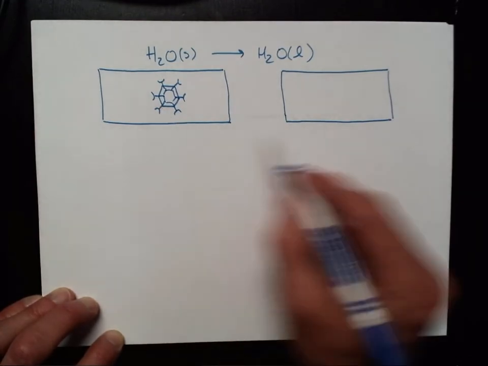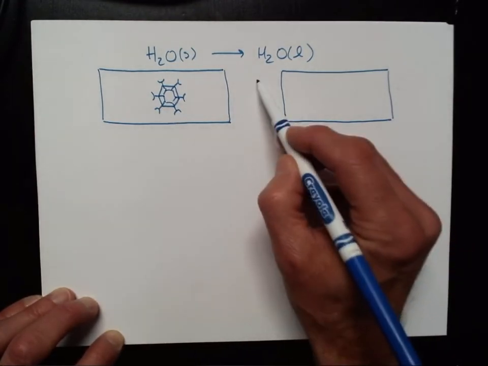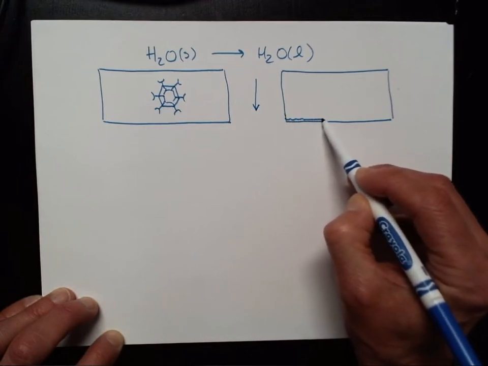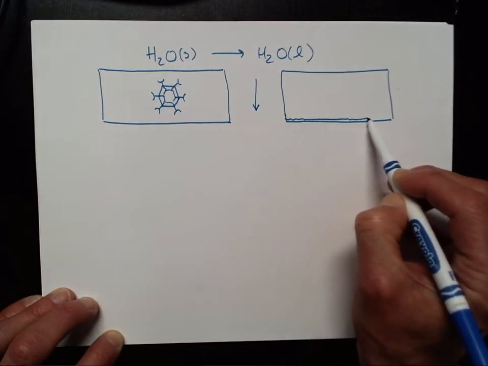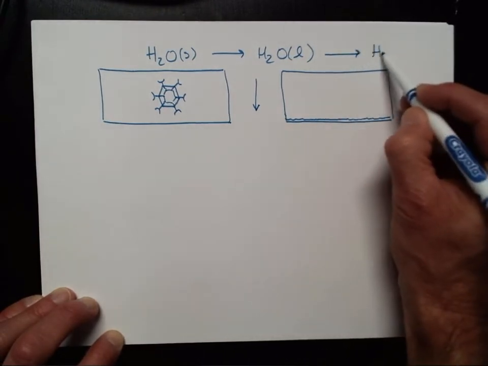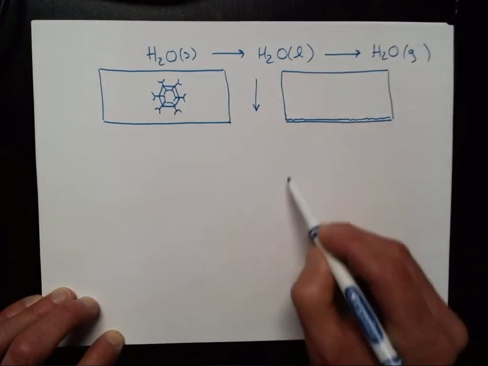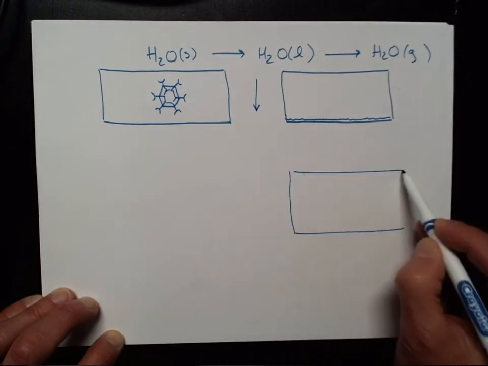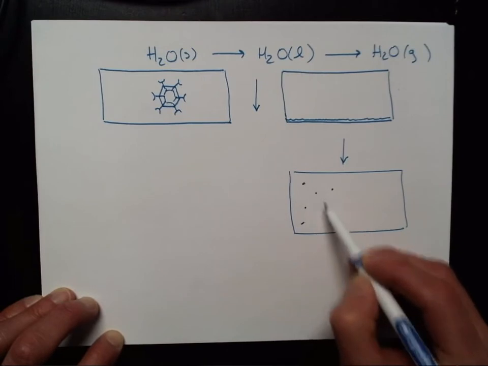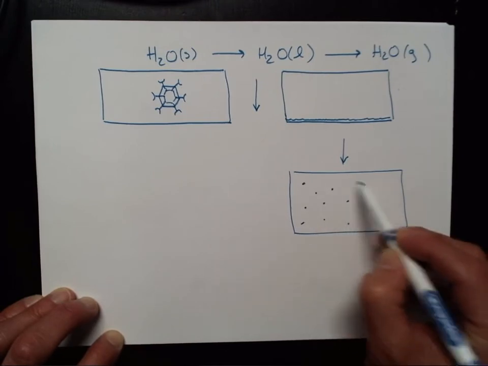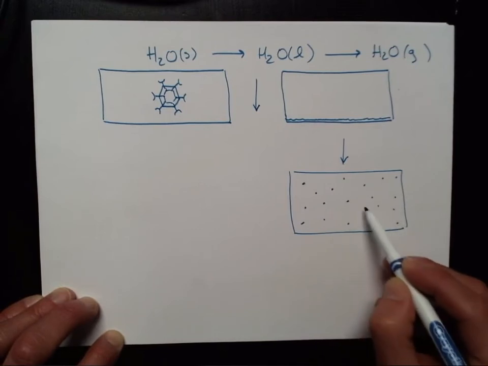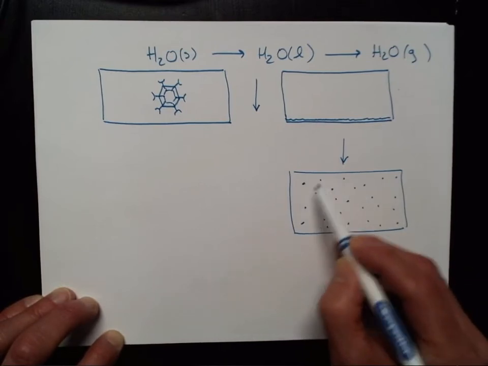Let's see, the liquid form of this, we'll imagine this is gravity down, so the liquid form of this would probably be spread out like this on the bottom of the container. And if we go to the gas phase, we might as well put the gas phase in here as well. That's going to represent the water spread all throughout the system. Spread throughout the whole surroundings.